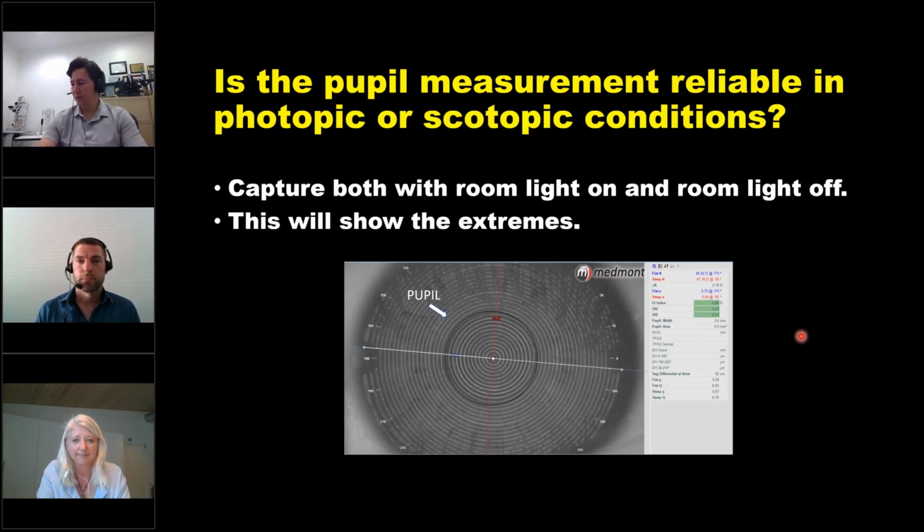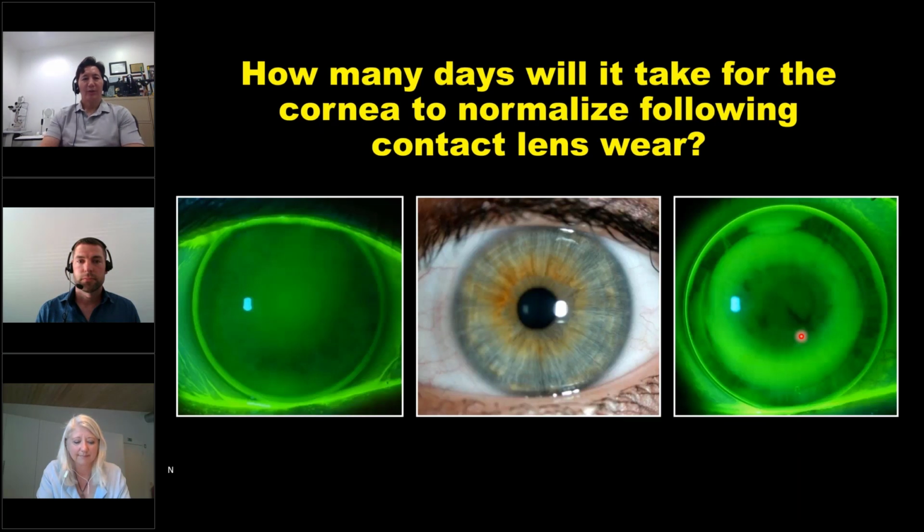Thank you guys. Here's our next question. How many days will it take for the cornea to normalize following contact lens wear? I love this question. It's a great concern in the Ortho-K patient, where very often we get patients here in Vancouver, right on the Pacific Ocean.